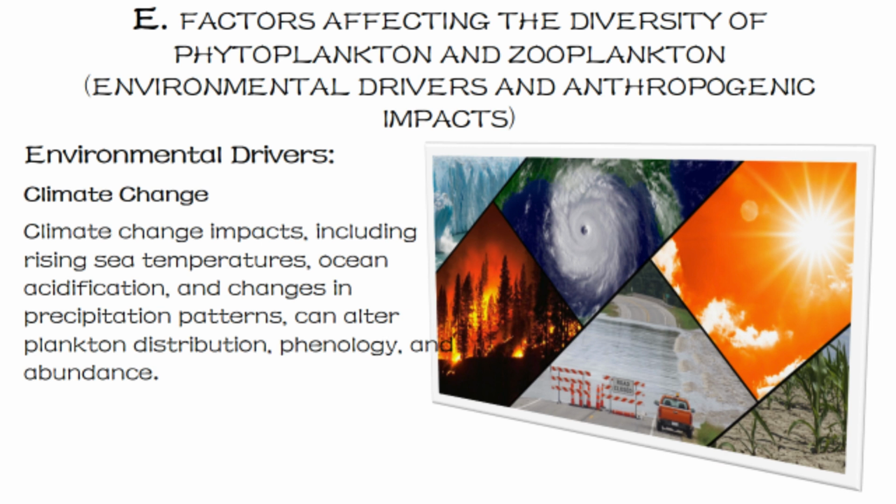The climate change impact, including rising temperature, ocean acidification, and changes in precipitation pattern, can alter plankton distribution, phenology, and abundance. And these changes can have profound effects on marine ecosystems and the services they provide.